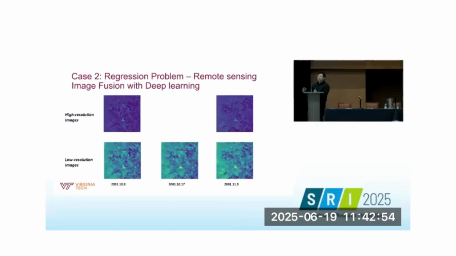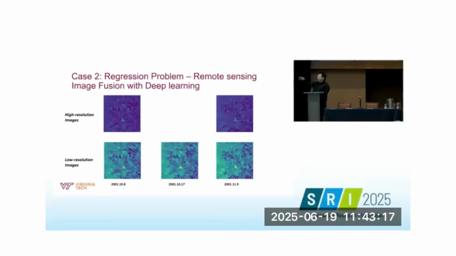For example, Landsat data has pretty good spatial resolution of 30 meters, but the data comes every 16 days. On the other hand, we have MODIS data, which comes back every single day, but the spatial resolution is not that good, about 500 meters to 1 kilometer.